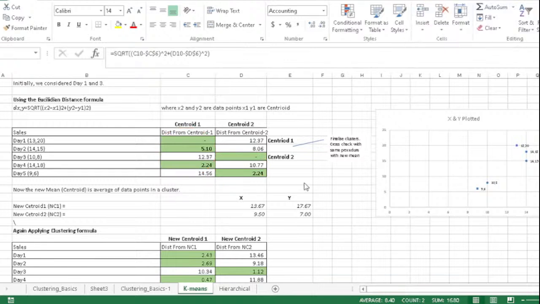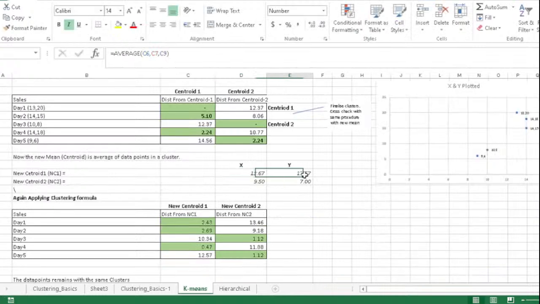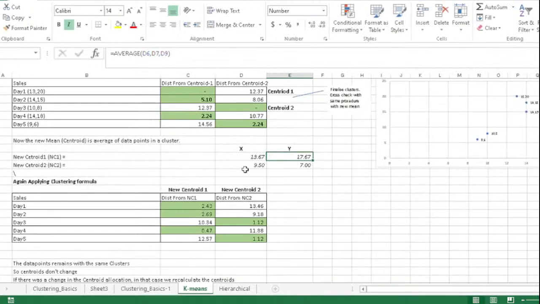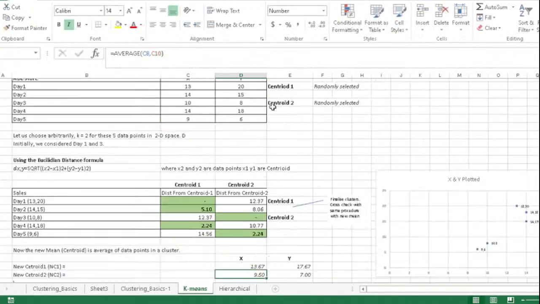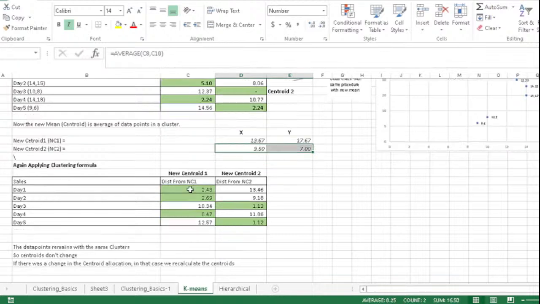Now after that I calculate new centroids, simply the average of x of 1, 2, and 4, and the average of x of 3 and 5, and similarly for y. So these become my new centroids, right? Now again I apply the distance formula and calculate the nearest cluster for each of the 5 data points.